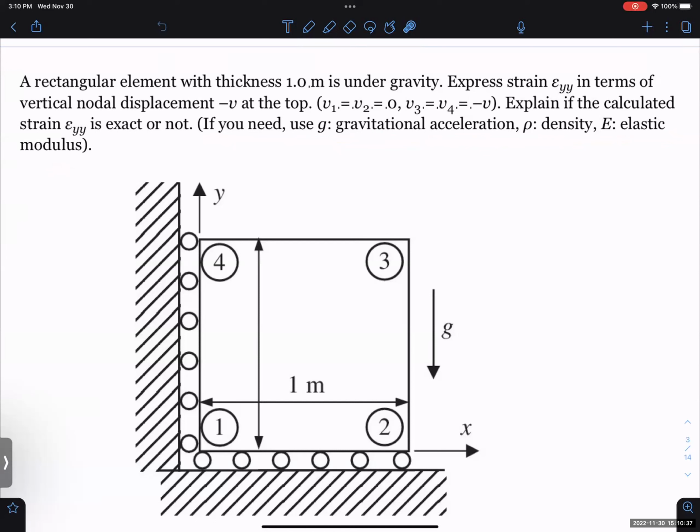This is an exercise problem from the textbook. Maybe some students feel it's a little tricky, but I personally don't feel it's too bad, because if you understand everything and use the method we talked about in class, it should be fine. Because the question asks about the strain.